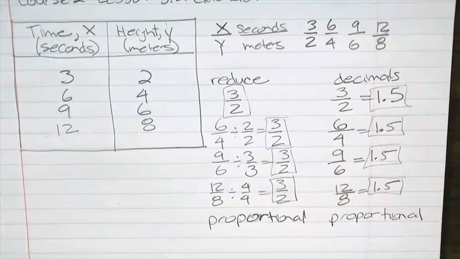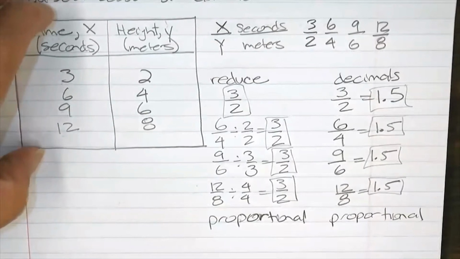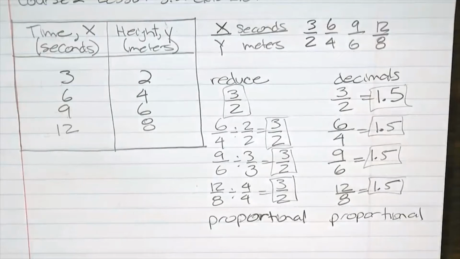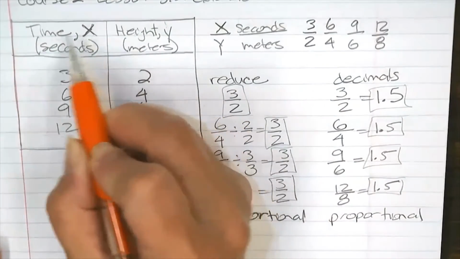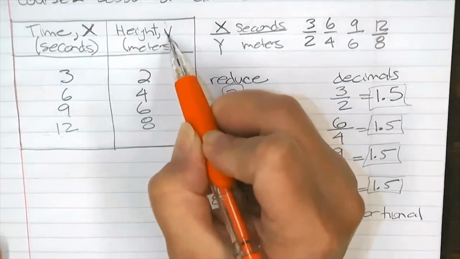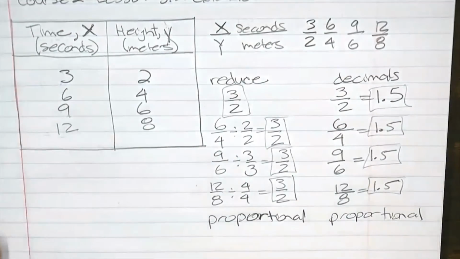The new stuff we're getting to is we're looking at graphs. Is the graph proportional or not? If it's proportional, what's the unit rate? So we need to start looking at graphs. So I'm going to turn this information into a graph. Now it's already telling me what my X is. My X is time in seconds, and my Y is the height in meters. So that makes it pretty easy.